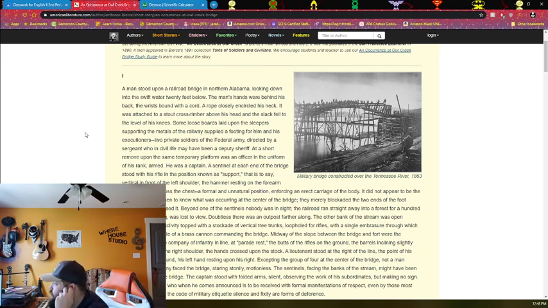his executioners, 2 private soldiers of the Federal Army, directed by a sergeant who in civil life may have been a deputy sheriff. At a short remove upon the same temporary platform was an officer in the uniform of his rank, armed. He was a captain. A sentinel at each end of the bridge stood with his rifle in a position known as support, that is to say, vertical in the front of the left shoulder, hammer resting on the forearm thrown straight across the chest.